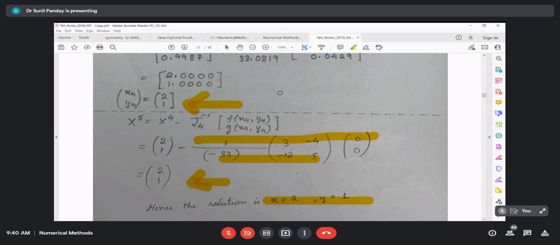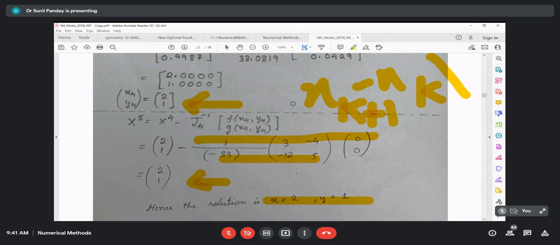So we will give some criterion, like if the absolute value of x(k+1) minus xk is less than 10 raised to power minus 2, or whatever is suitable to your problem, we will restrict and stop there.